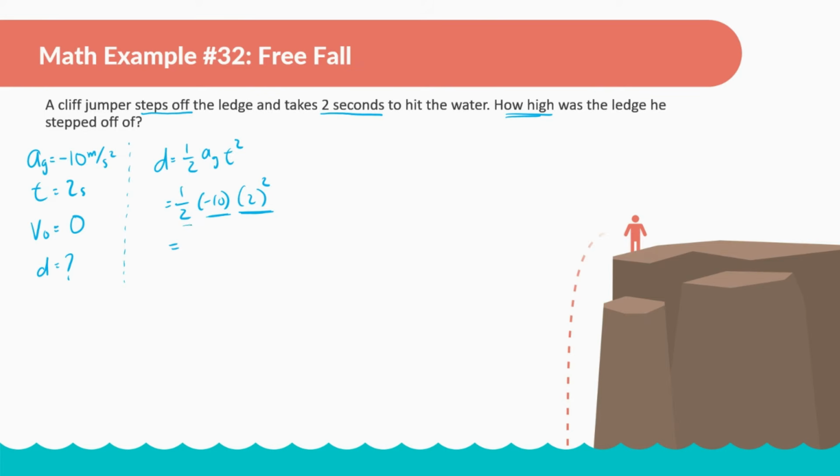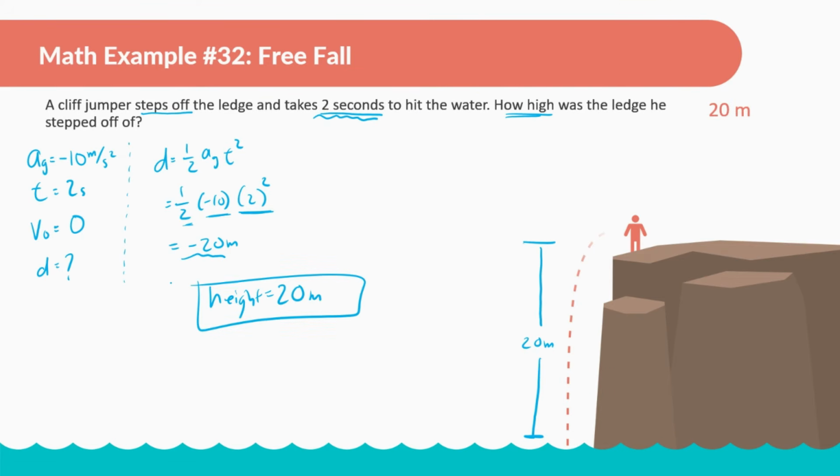Negative 40 times 1/2 is equal to negative 20. So we have negative 20 meters. What this means is this person is falling from a height of 20 meters, if it took him 2 seconds to hit the ground. So how high? I'm not going to put negative 20 because a height isn't ever negative. So I'm just going to put height is equal to 20 meters.